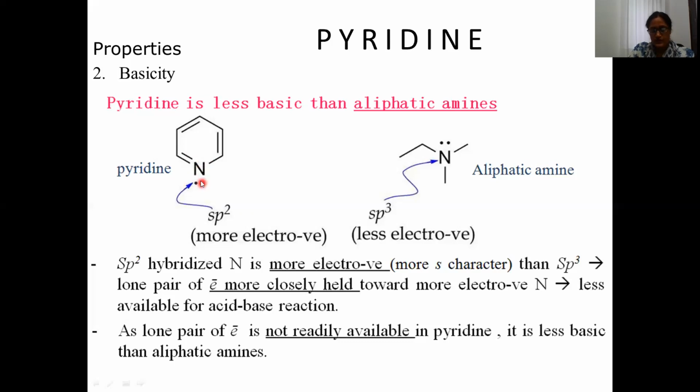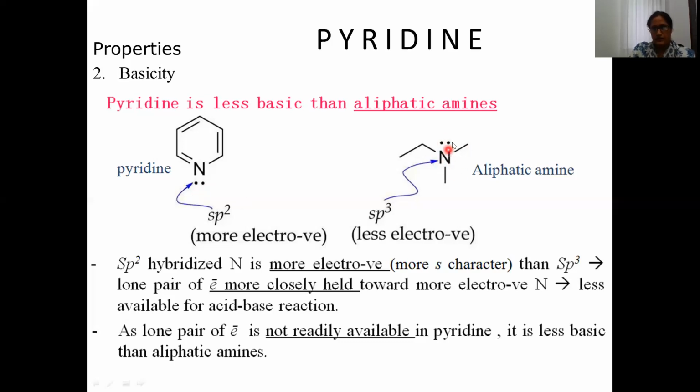with strong attraction forces between the nucleus of the nitrogen and the lone pair. That's why this lone pair of electrons is less available for acid-base reactions. That's why pyridine is less basic than the aliphatic amine.